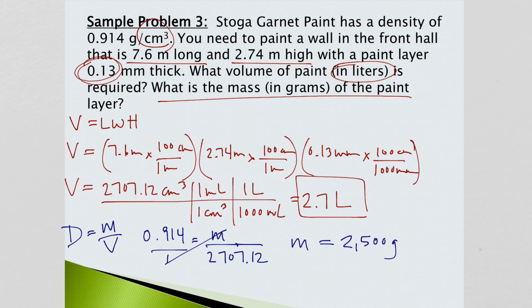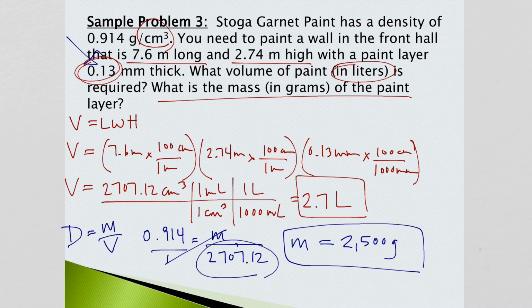Even though the 0.914 has 3 in it, one of the values that contributed to the volume, the 0.13, only had 2 sig figs, so my final answer can only have 2 sig figs, or significant figures. Sig figs being the short way of saying that. So 2,500 grams. These zeros are not considered significant because the decimal point is not written. If I want to show that trailing zeros like this are significant, I have to place the decimal point.